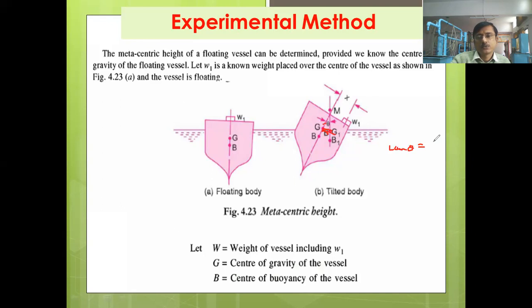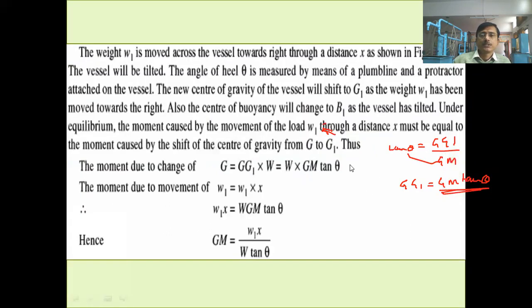Tan theta is equal to Z1 divided by Zm. So if I take this Zm there, you get Z1 equal to Zm tan theta. So instead of Z1, we can write Zm tan theta, and the weight W stays as it is.